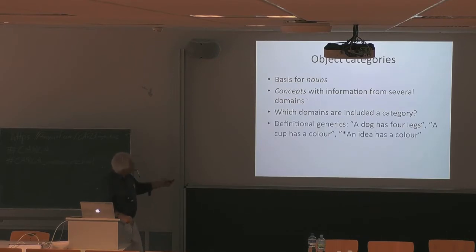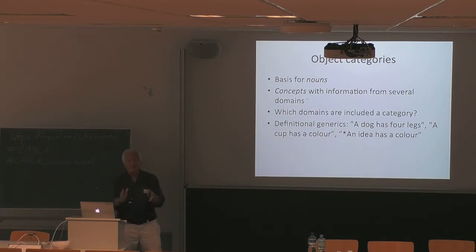But we can look at what's called definitional generics. A dog has 4 legs. It's part of the meaning, so to speak. A cup has a color. But if you look at an idea, now we get into an abstract concept here, to say that an idea has a color doesn't work, because idea is a noun that doesn't include the color domain as part of its meaning.